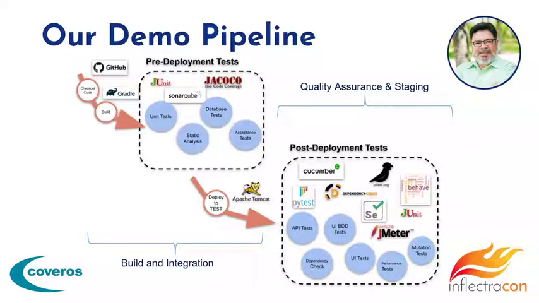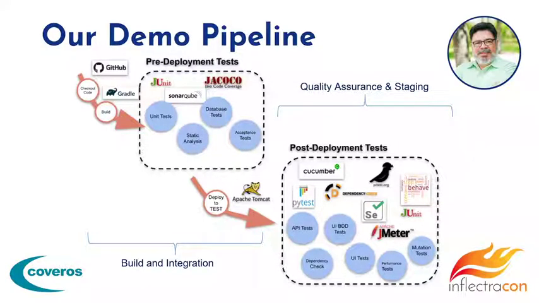For the quality assurance and staging stage, in this environment, we run some core quality assurance tests, including API tests using PyTest, UI BDD tests, quick readiness checks, Behave, which is similar to Cucumber using Gherkin syntax and Selenium, UI tests that are using JUnit, HTML unit tests, and Selenium.